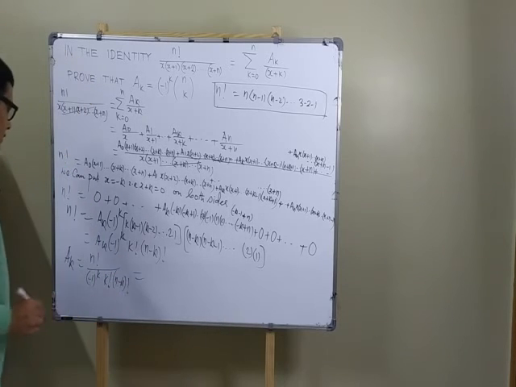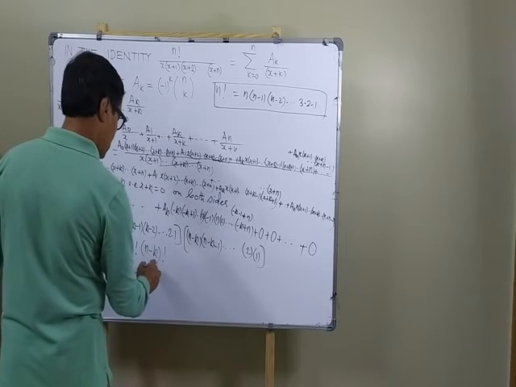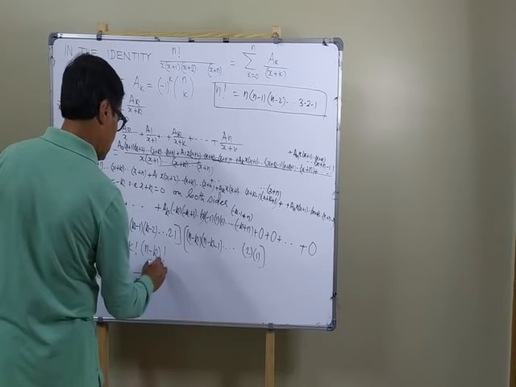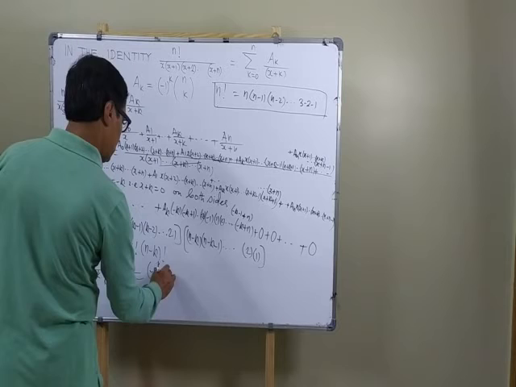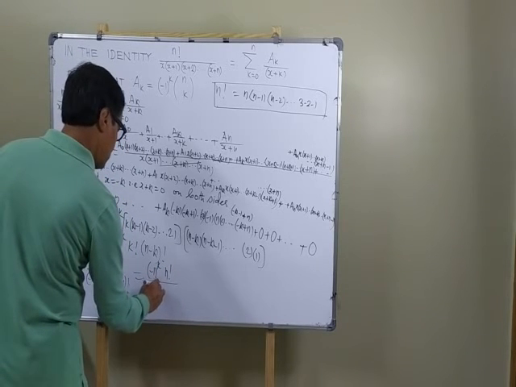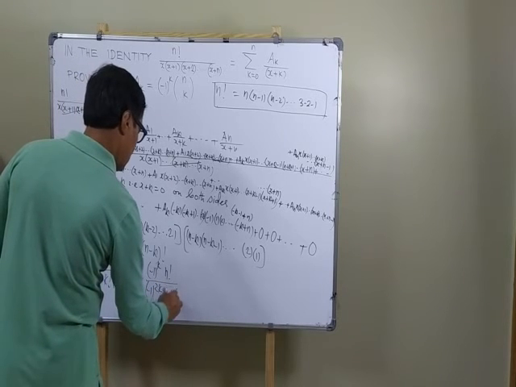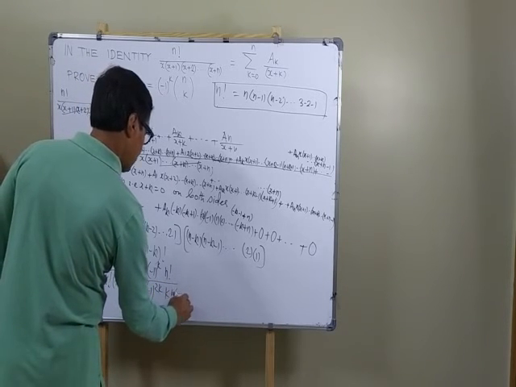We can multiply numerator and denominator by minus 1 to the power k. So we get minus 1 to the power k n factorial over minus 1 to the power 2k, k factorial, n minus k factorial.